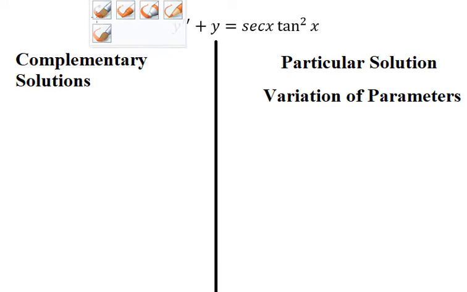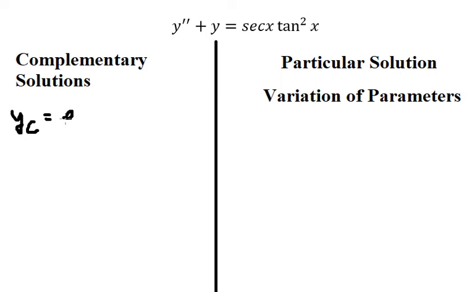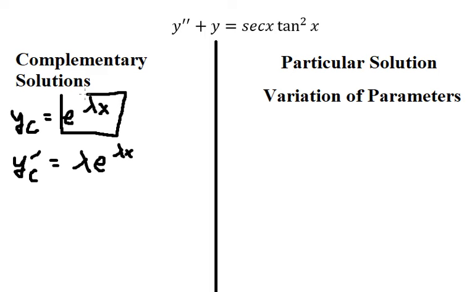So I will put yc equals e to the power of lambda s. Then we take the first derivative of yc, and we have lambda e to the power of lambda s. If we take the first derivative of e to the power of lambda s, we keep the same e to the power of lambda s.